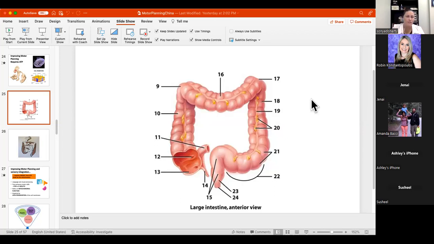You also have this issue of tone, which is pervasive in autism. Low tone leads to really weak muscles, including the muscles of the intestine. And so this is a picture of the large intestine. The large intestine is an upside down U, and on this side, it's the right side. This is the ascending colon. So this part of the digestive tract has to push stool up, and that requires ATP.